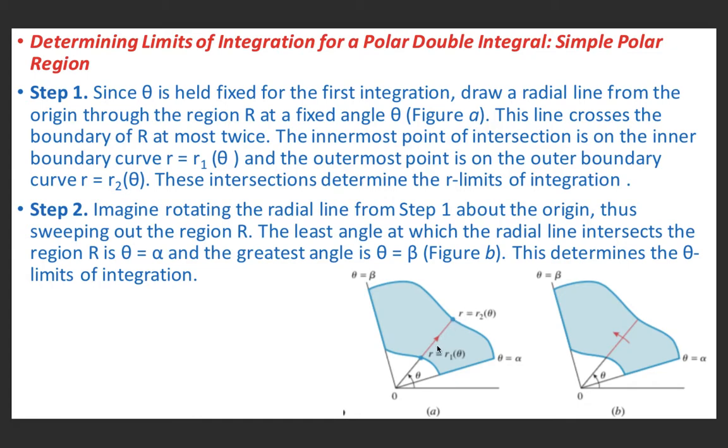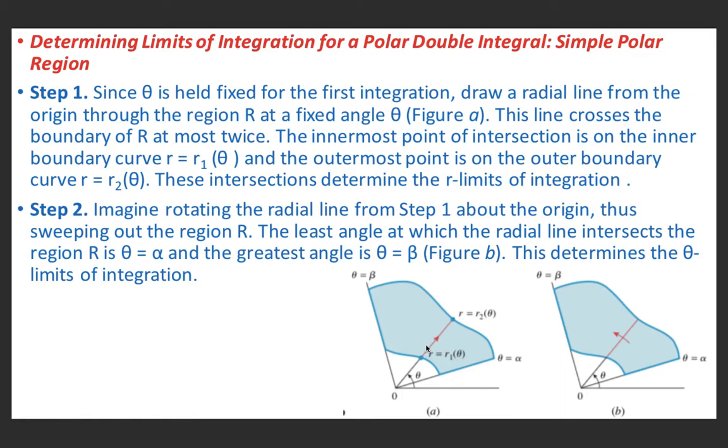So after finding the r limits of integration, we will find the theta limit of integration, and for this we imagine rotating the radial line. This is the radial line. This is called the radial line.